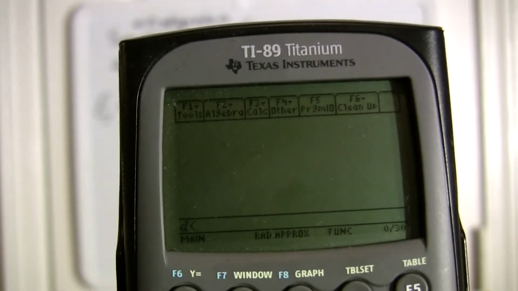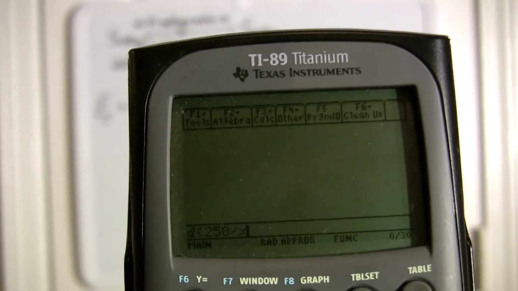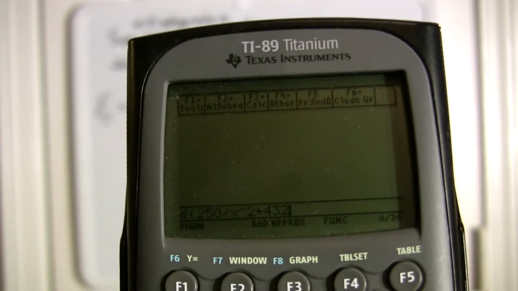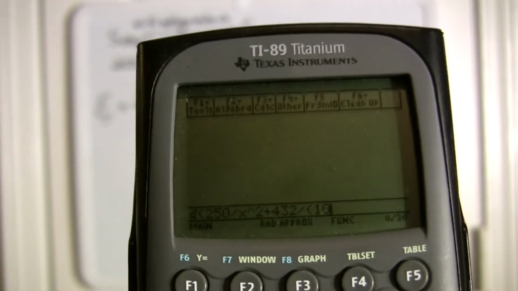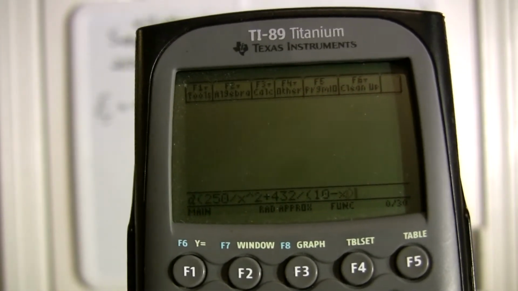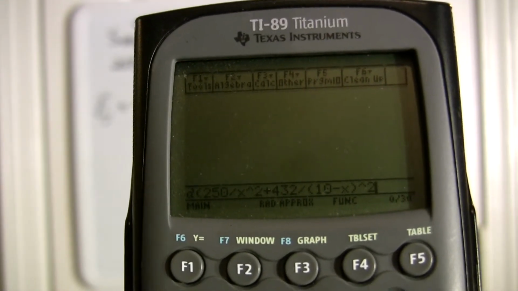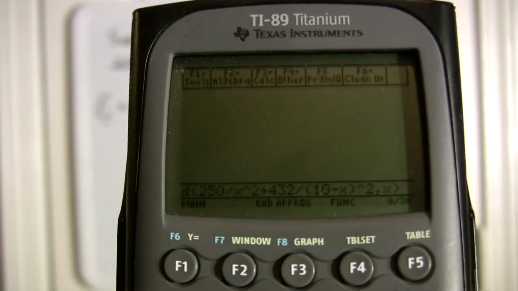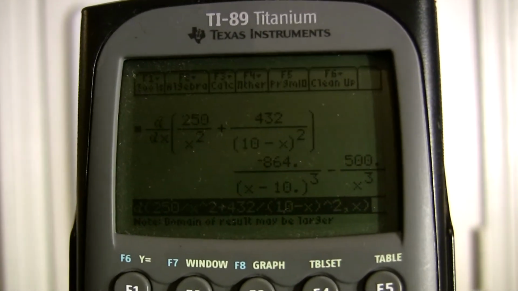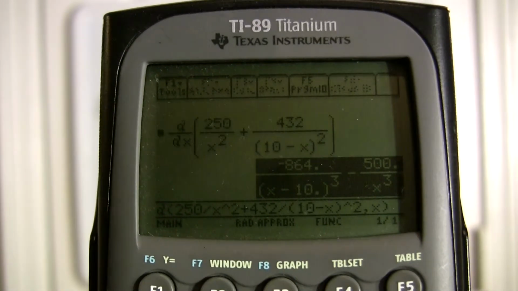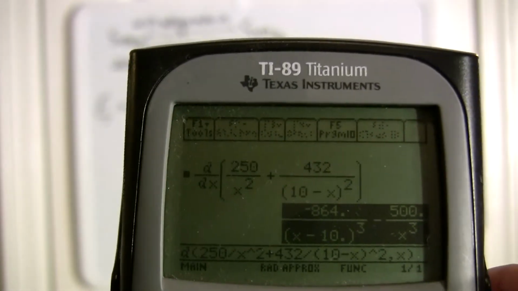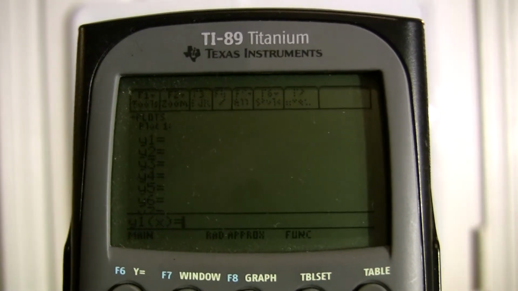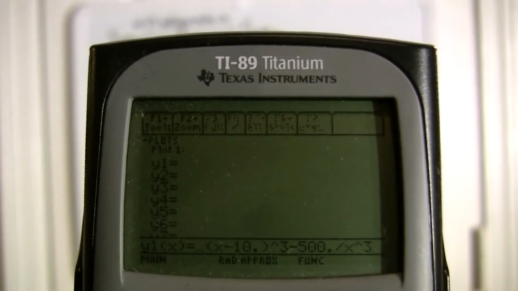So I will differentiate the equation, and there we go. So now I will copy this, go to my y equals, and paste it.